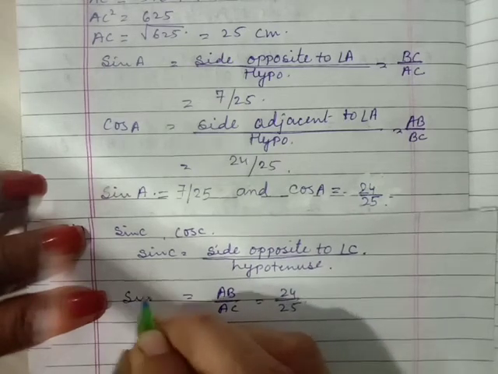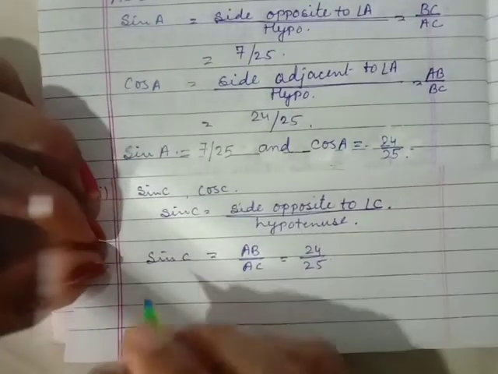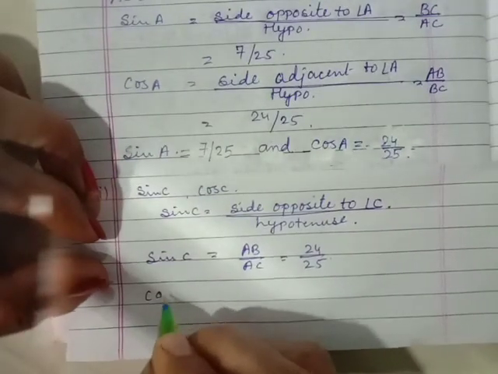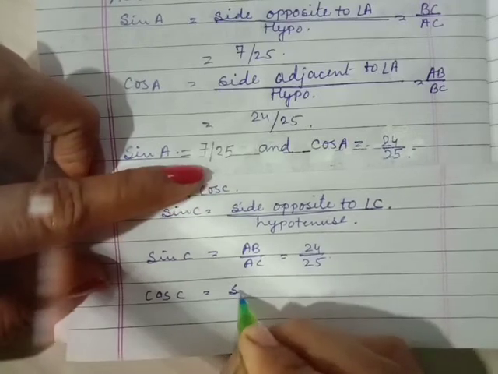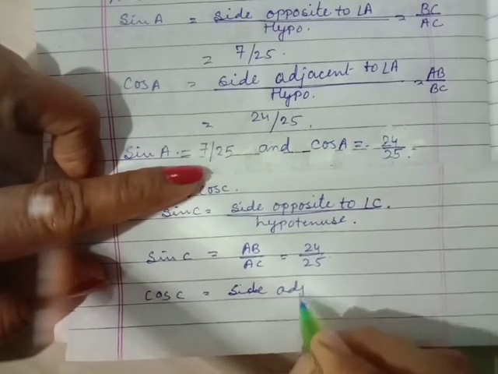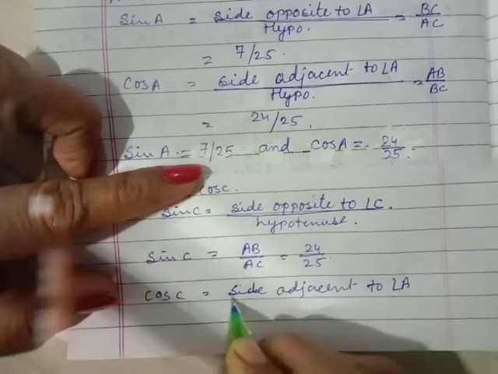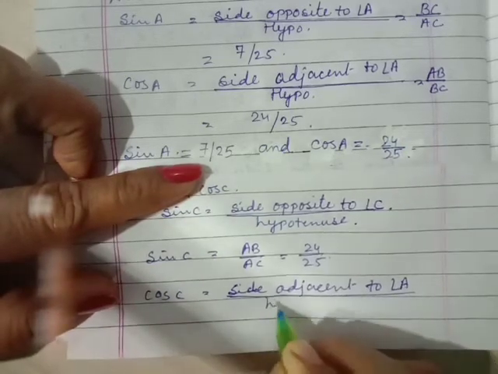So sin C is equal to 24 upon 25. Then cos C is equal to the side adjacent to angle C upon hypotenuse.